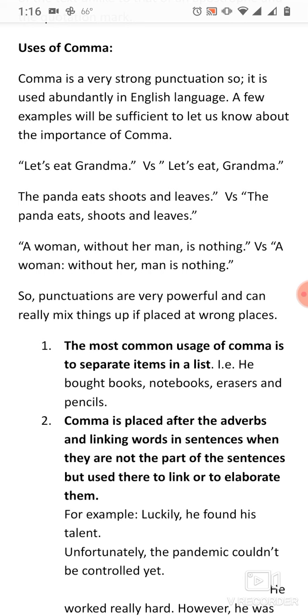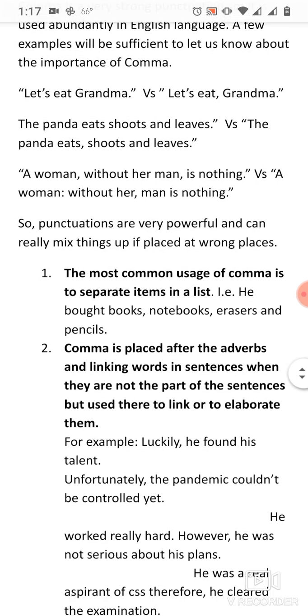It means it comes, it eats, it shoots something and leaves, goes away. And the second sentence tells us the panda eats something, eats what? Shoots, the branches and the leaves, and the whole meaning is different from the previous one.